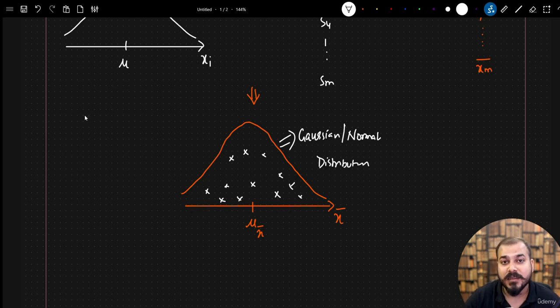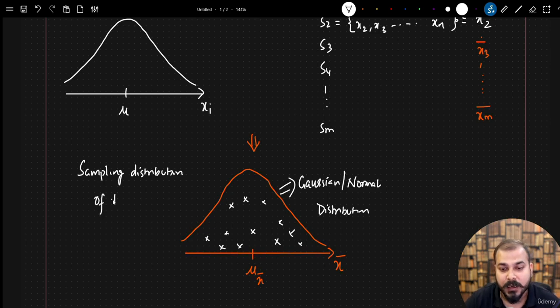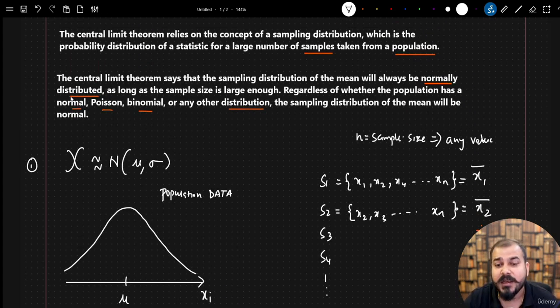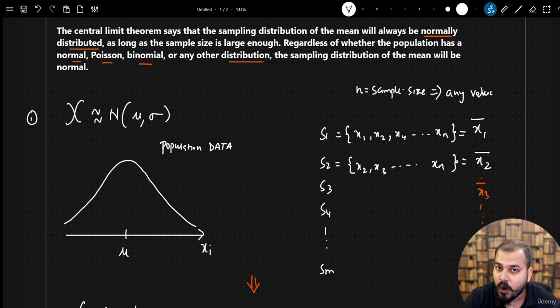So this is the sampling distribution of the mean, and this data will follow a Gaussian, normal distribution. This is what the central limit theorem says. Again, let me repeat it: the central limit theorem says that the sampling distribution of the mean, of all the means from this population that we have selected in the form of samples, will always be normally distributed as long as the sample size is large enough.